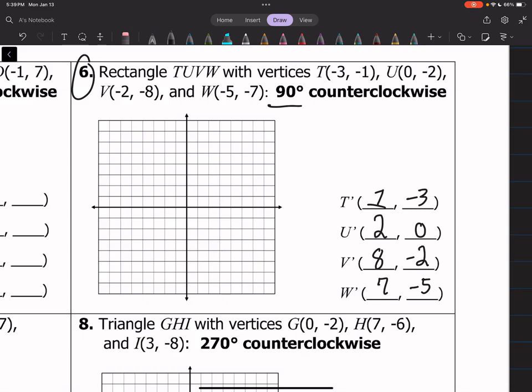Okay, now I'm going to graph these. W, V, U, T. There's my image and my solution.